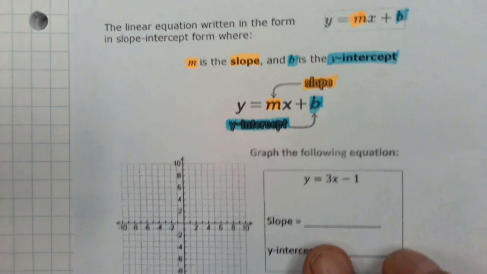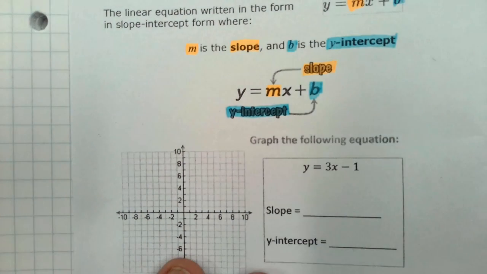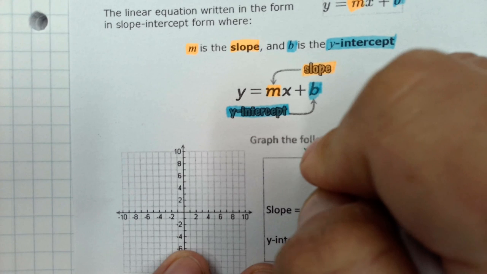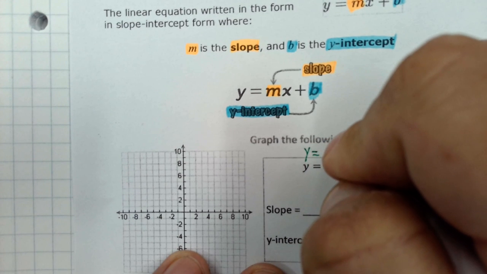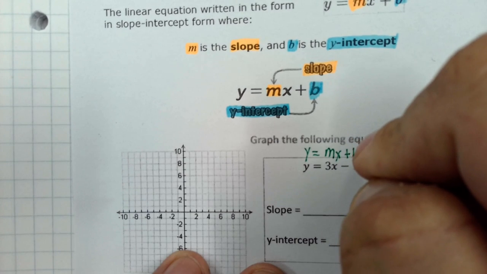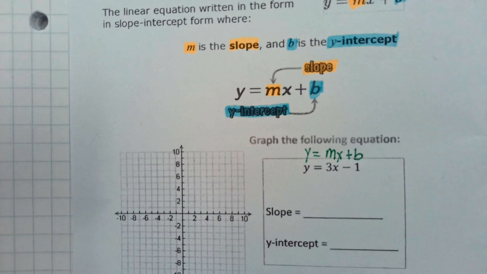Let's take this first equation. It is in slope-intercept form. Let me show you. Okay? I'm just going to superimpose y equals mx plus b. I'm just going to write it above there. Okay?